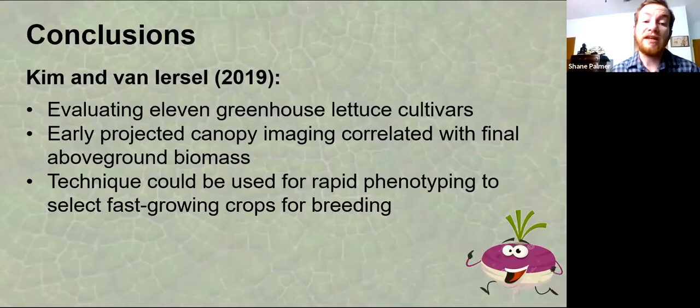So they make the case that this canopy imaging technique could be used for rapid phenotyping to select fast growing crops for breeding. Basically, if you can identify them when they're seedlings or very young plants and say, wow, this plant has a lot of canopy area, it's going to be a big grower later on. That's the benefit of using this technique.